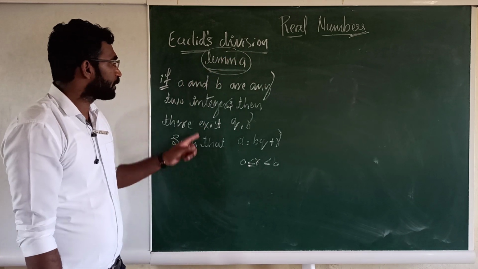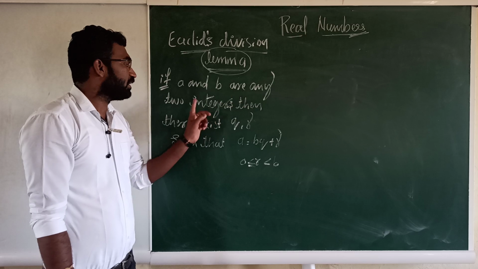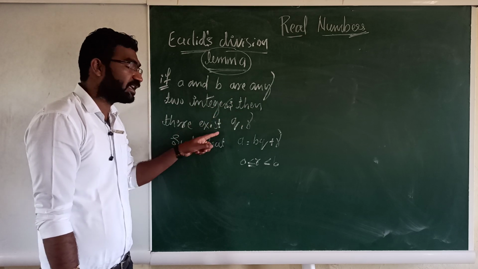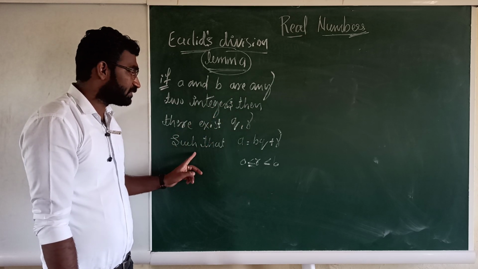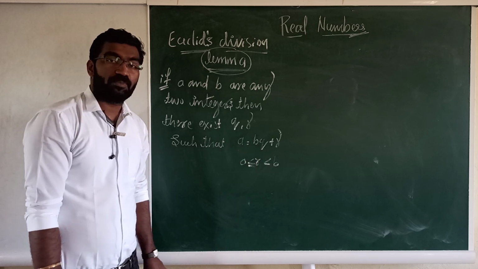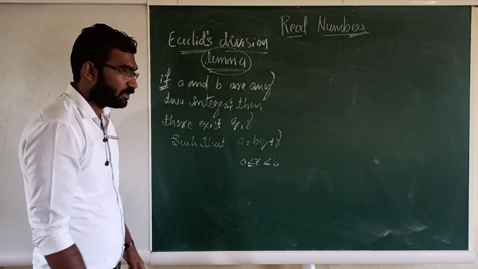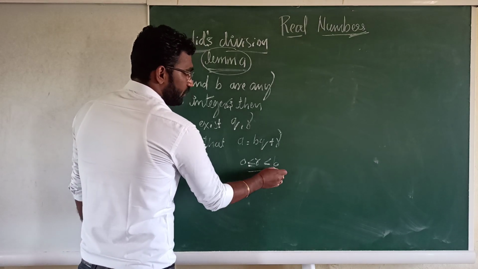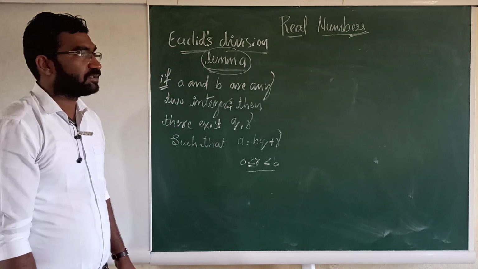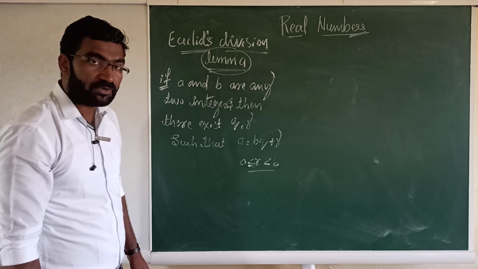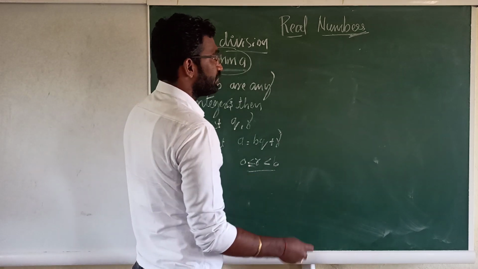Let me repeat again. If a and b are any two integers, then there exist q and r such that a is equal to bq plus r, and r must be less than b and greater than or equal to what? 0. Right? If you can't understand the statement easily, I am going to explain what it exactly says.